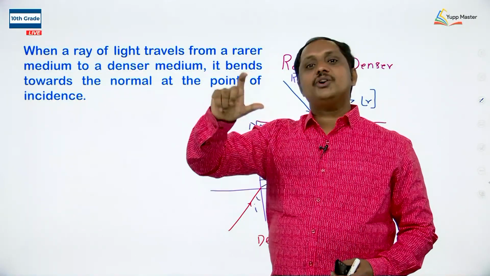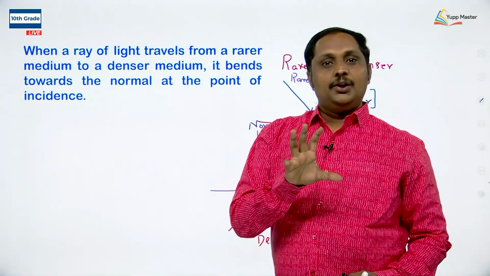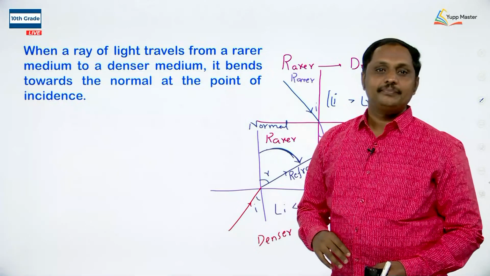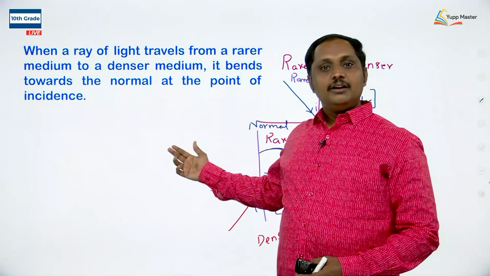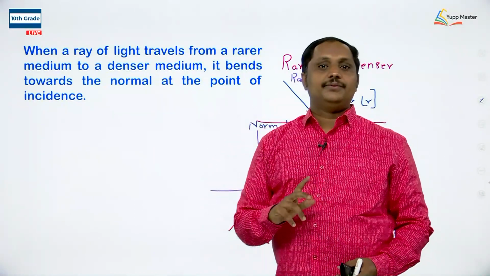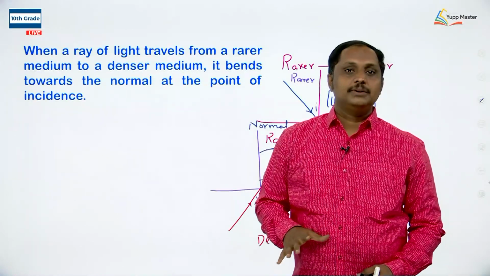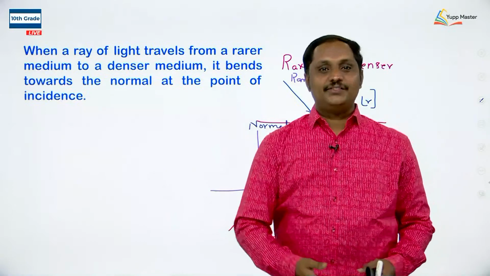Due to the variation of the densities only, refraction exists. So, whenever light goes from one medium to another, denser to rarer or rarer to denser, the phenomena of bending towards the normal, moving away from the normal, and no deviation at normal incidence exist.